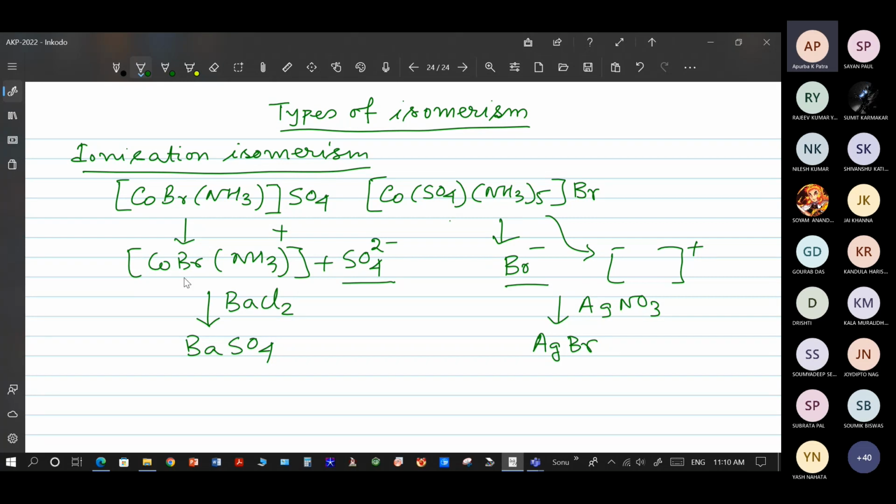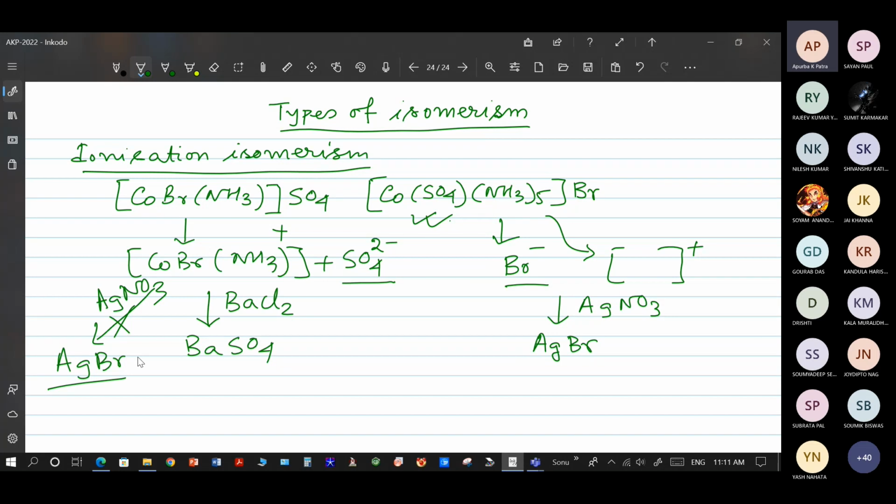In this case, bromide was ligated to the metal center, but sulfate was outside the coordination zone, and it will just act like an anion. But in case of this compound, bromide is outside the coordination zone, whereas the sulfate is ligated to the cobalt center. So, you cannot get the test for the sulfate ion in this compound, and similarly, you cannot get the test with AgNO3 solution. It is not going to give you the precipitation of AgBr. That will say that Br is inside the coordination zone, not outside.